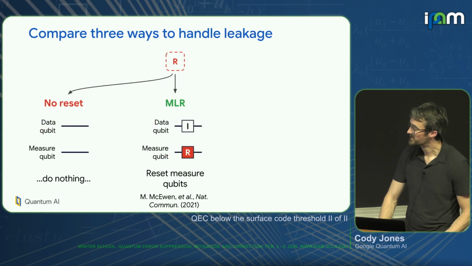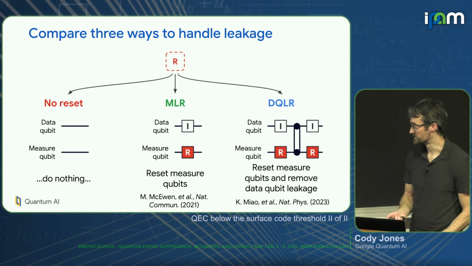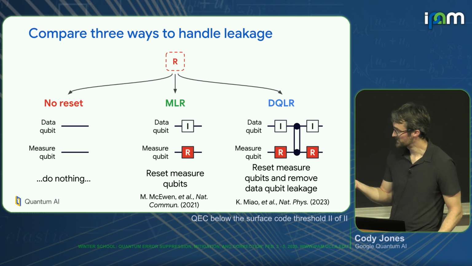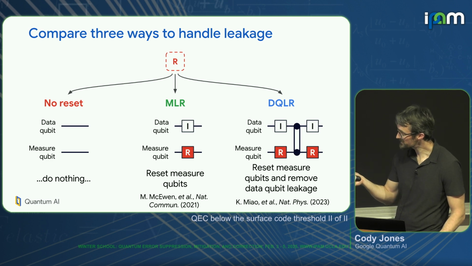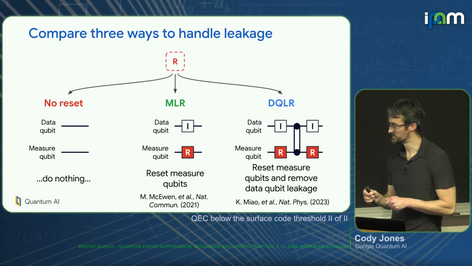Okay, that's right. I talked about MLR and the strategy there. This is the other part. So DQLR, data qubit leakage removal. So here what we're doing is we're resetting measure qubits and we're removing data qubit leakage. So we're adding operations to the circuit. This doesn't come for free. We have to do extra gates. But we're now applying a very good filter.